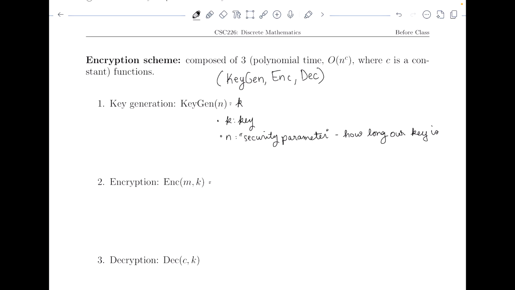That basically defines how much randomness we have, or how strong our encryption scheme is. So for example, with RSA, which we'll talk about in a bit, you might have 4096 bits. That's how long your key is, and that indicates how secure that encryption scheme is. 4096 would be considered more secure than, for example, 128 bits of that same type of encryption scheme.